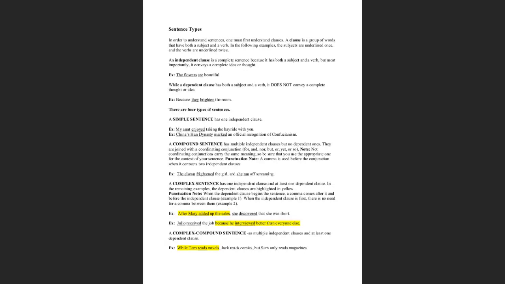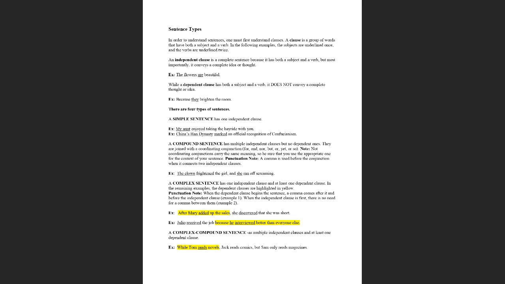So let's begin by bringing up the sentence types document first. So here you go. Let me enlarge this. So, sentence types. First of all, in order to understand sentence types, you need to understand clauses. A clause is a group of words that has both a subject and a verb.